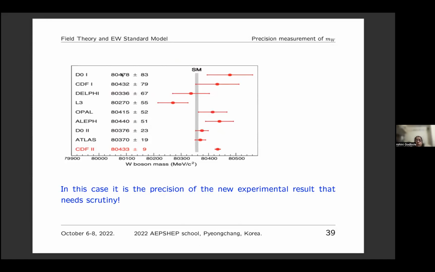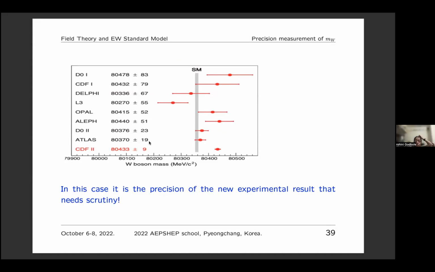So now you see that D0, CDF, and CDF2 are reporting somewhat higher values of the W mass. But the important point of this latest CDF measurement was that its error was extremely small.